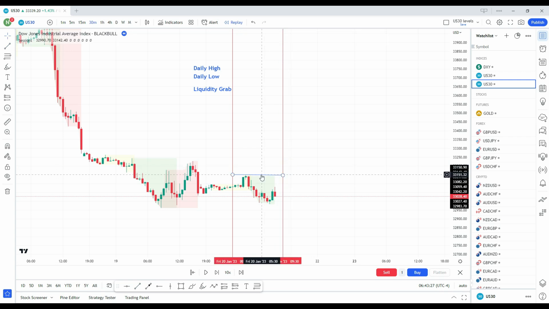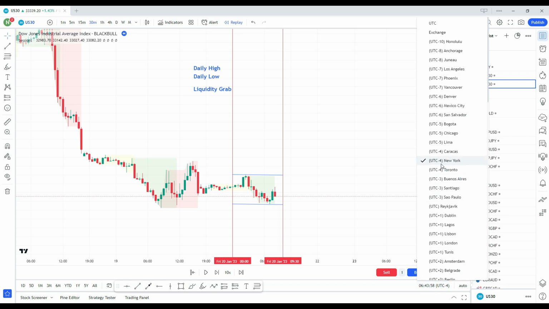So this is the daily high and the daily low from midnight to 9:30. Again, make sure this 9:30 and the midnight are based on the New York time zone. If you're in Kenya, this is mostly 3:30 p.m.